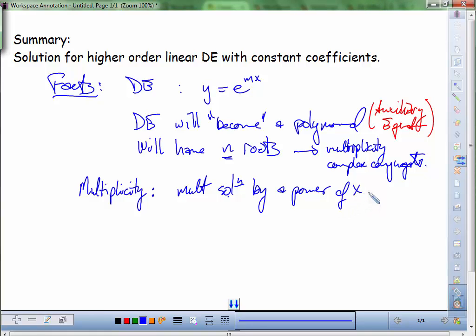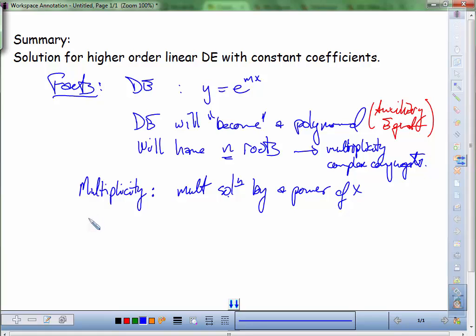Because our task is to generate n fundamental solutions. And if we have multiplicity, then we have the same solution, and to make it linearly independent, we just multiply one of them by x.